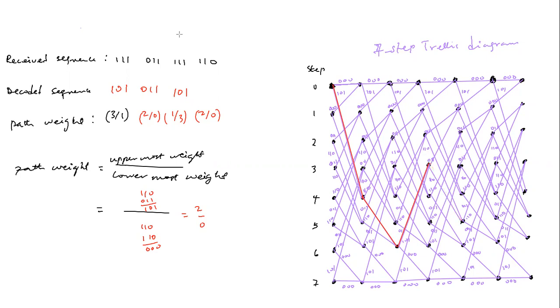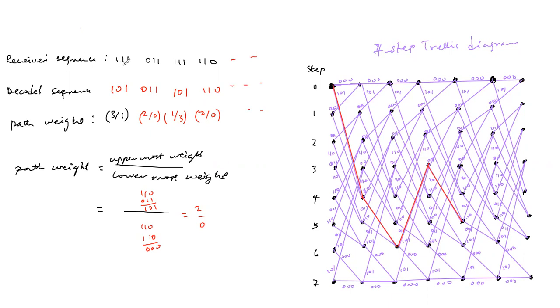Then the decoded code word here is 1 0. And then we can go on and on in this scheme to decode and correct code words.